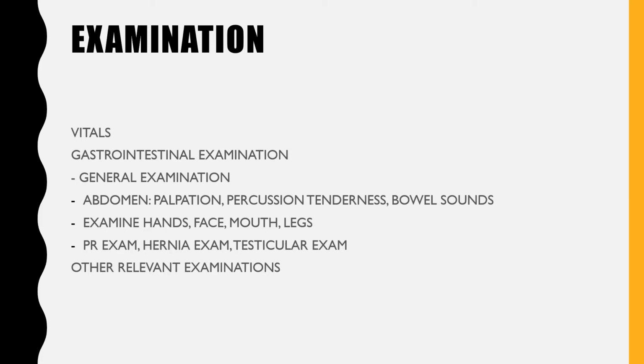Have a quick listen to their heart and lungs. You should then, depending on the patient, perform any kind of extra additions to the gastrointestinal examination. So a PR exam is very important in a patient presenting with changes in bowel habits, or a patient presenting with anemia.